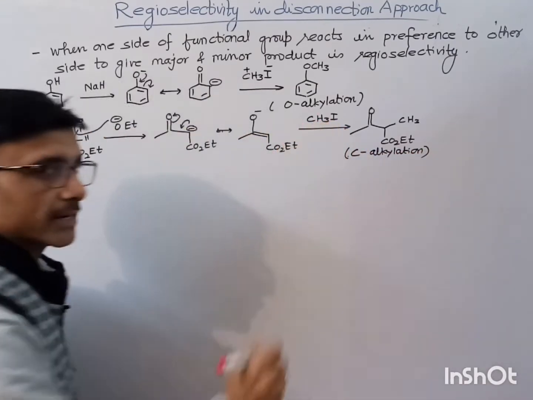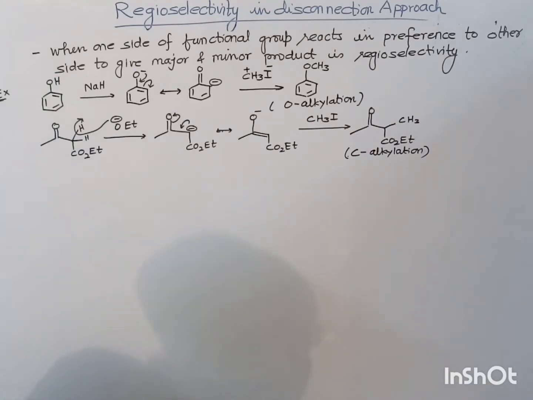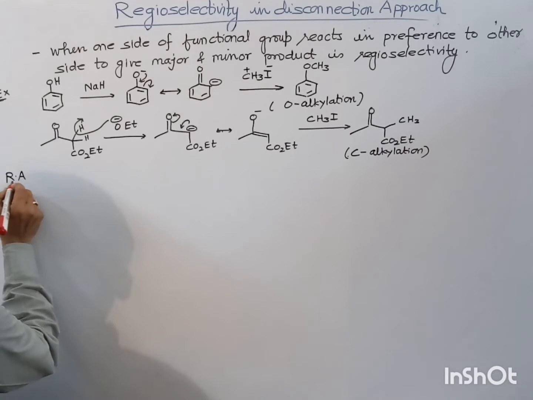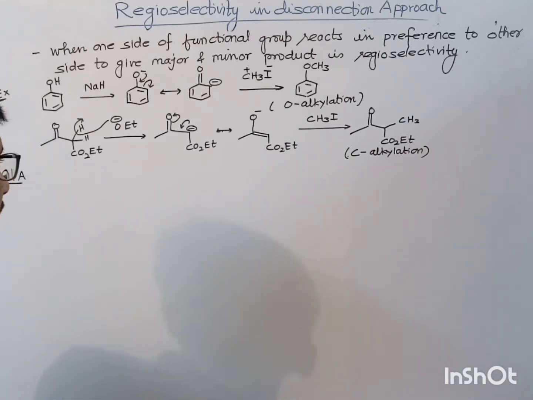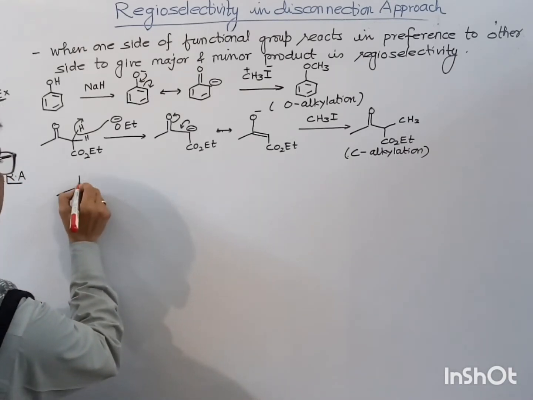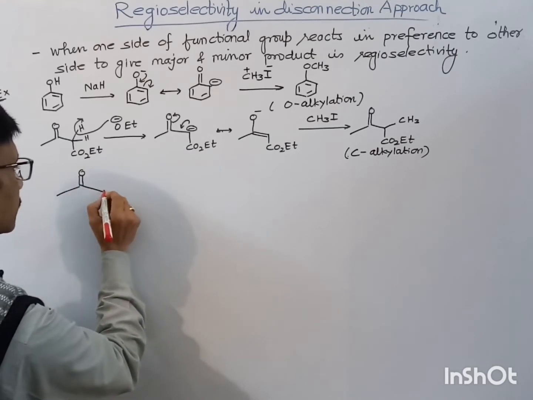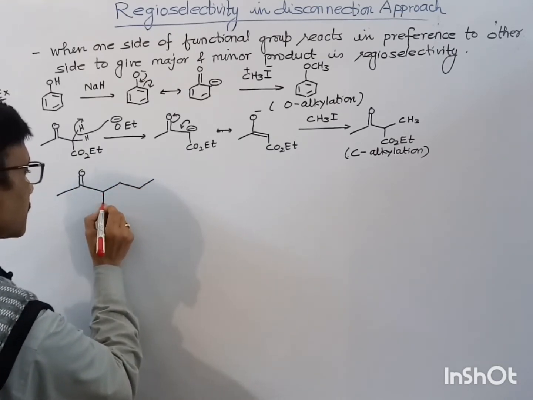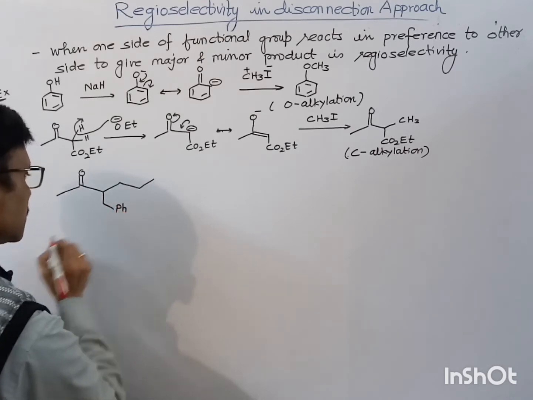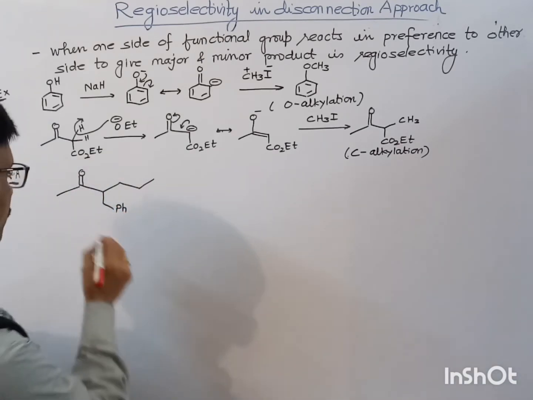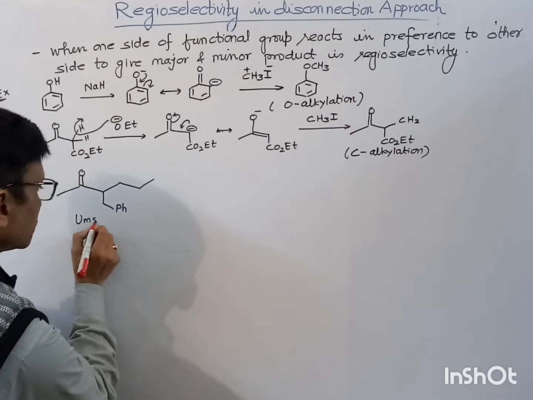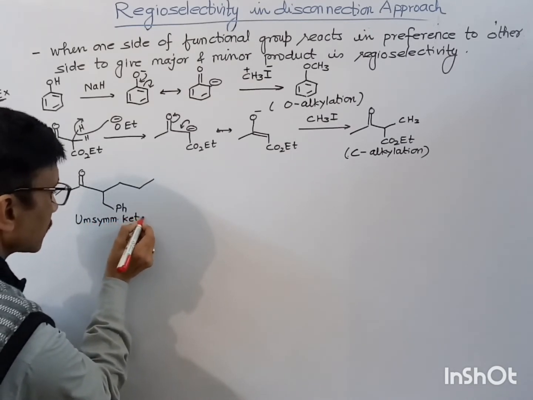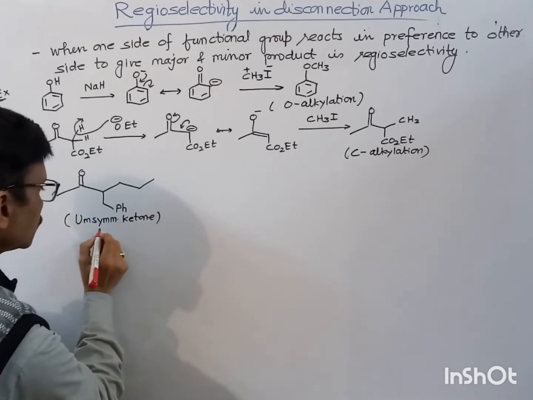Now let us disconnect one target molecule. I am writing the retrosynthetic analysis of one target molecule. Let's take the target molecule as this, which is an unsymmetrical ketone. Suppose we want to synthesize this.